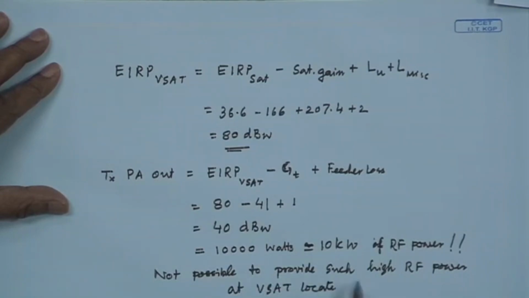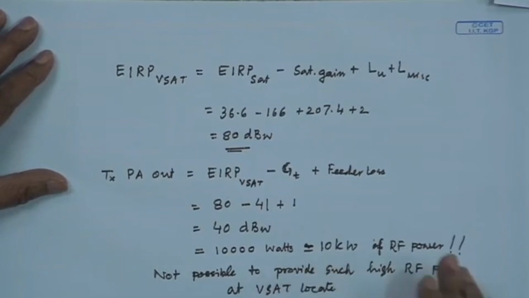Remember, we were talking about the VSAT location which are at bank ATMs, etc. So, normally very high wattage is not used, as a smaller capacity. This may be possible in a large station.